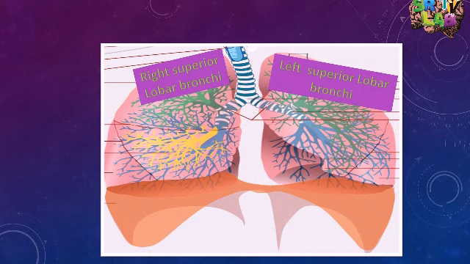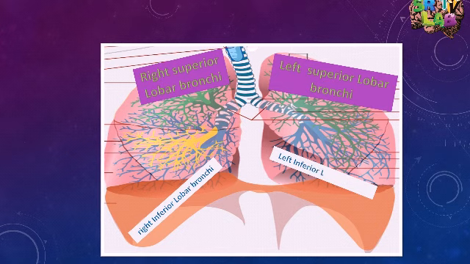They are the bronchi in the left superior lobe. Down there, in blue color, we see the right inferior lobe bronchi. They are the bronchi in the inferior lobe of the right lung. Then we see the left inferior lobe bronchi. Actually, those are the bronchi within the left inferior lobe.